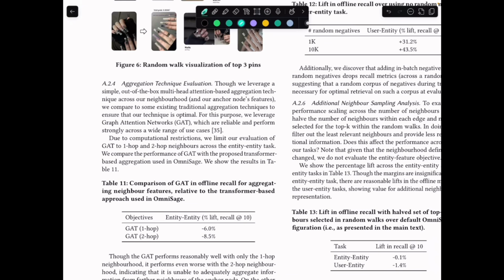There are also some interesting ablation tests in their appendix if you look at the aggregation technique evaluation. One of the key innovations that they mention here is that instead of training a graph neural network like graph attention, they package the graph neighbors as sequence data and then pass it through transformer encoders. They're saying that their new approach to replace the graph neural network is actually a better way to do feature aggregation.